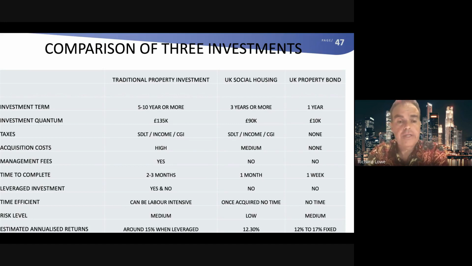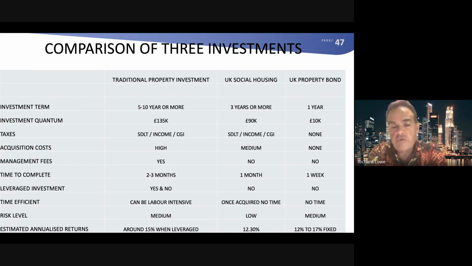And so the last point comes back to the question I asked earlier: what sort of annualized returns would you be looking for in a UK real estate investment to make it of interest to you? Now, at the bottom here, the traditional property investment, typically plus or minus a few percent, is looking at around 15% per annum.